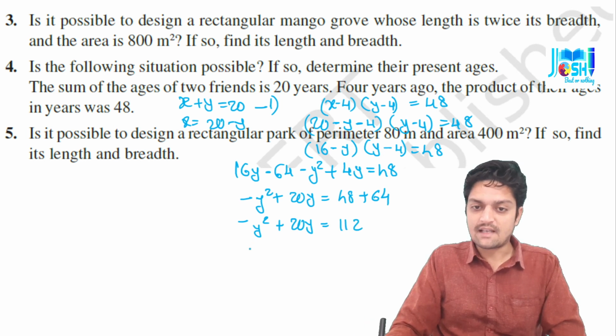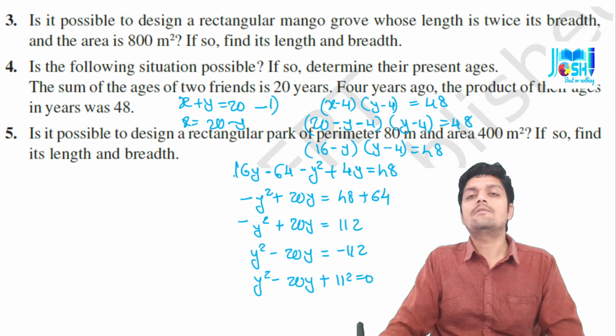If you change the sign, y square minus 20y is equal to minus 112, so y square minus 20y plus 112 is equal to 0.